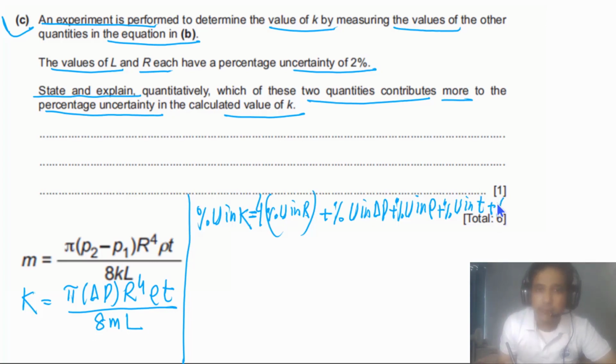So we have to add percentage uncertainty in M plus percentage uncertainty in L.